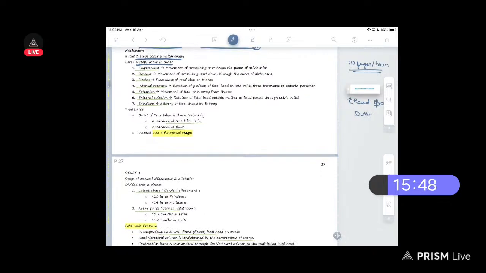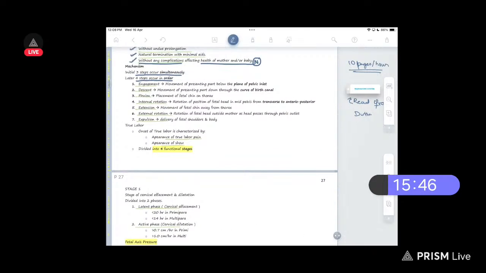Okay. So first 3 steps. Engagement is movement of the presenting part below the plane of the pelvic inlet. Descent is movement of the presenting part down through the curve of the birth canal.